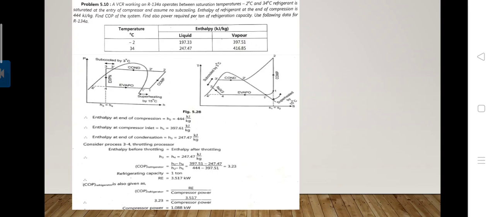But if some liquid refrigerant enters the suction line of the compressor, due to wet compression the lubricating oil present in the compressor will be washed off, causing more wear and tear of the compressor, and the effective life of the compressor reduces.